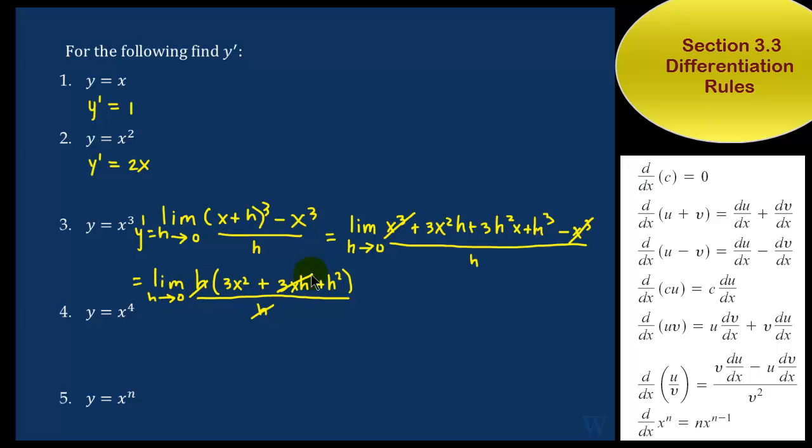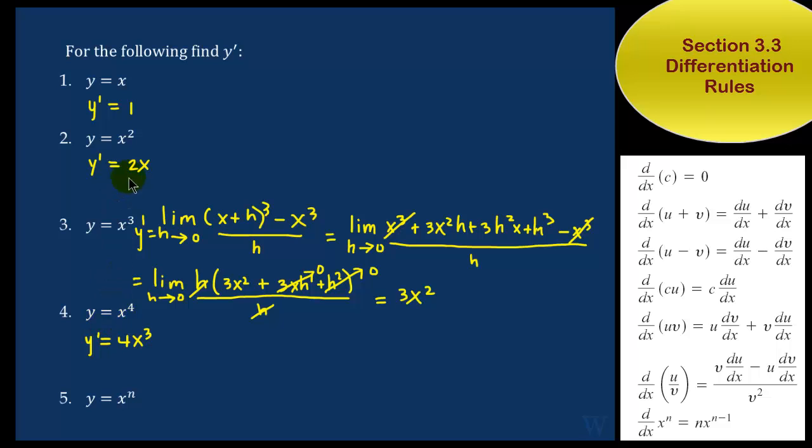These all go to 0, so the limit is equal to 3x squared. If we do the same thing for y equal to x to the 4th and expand the same way, we will discover that y prime is equal to 4x cubed.